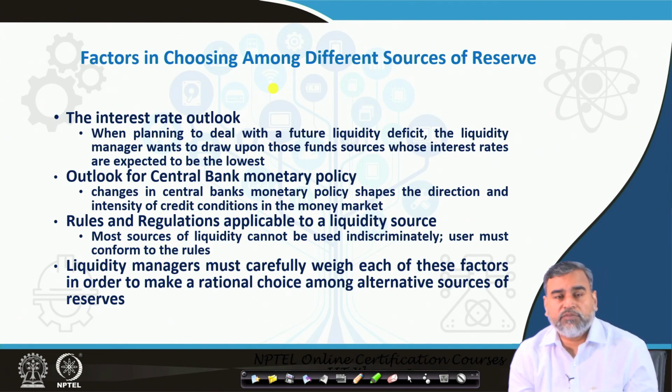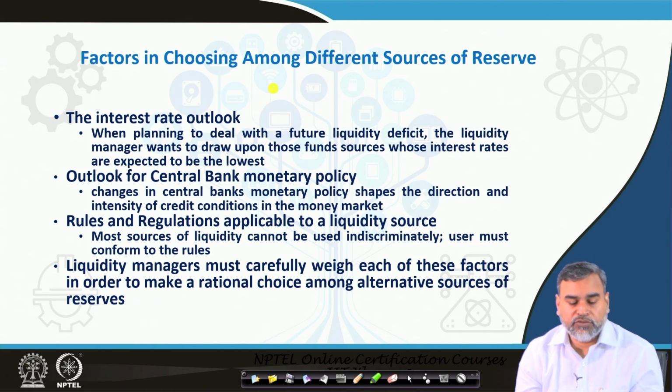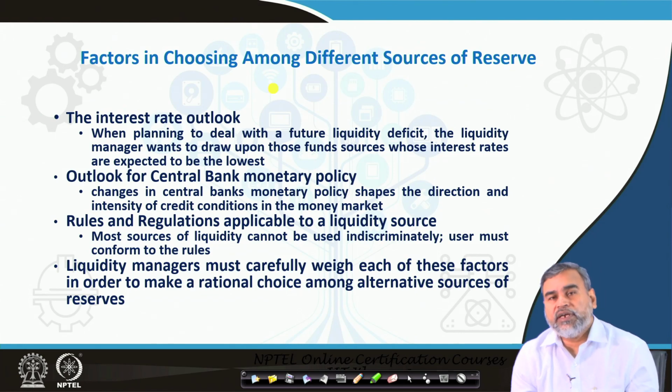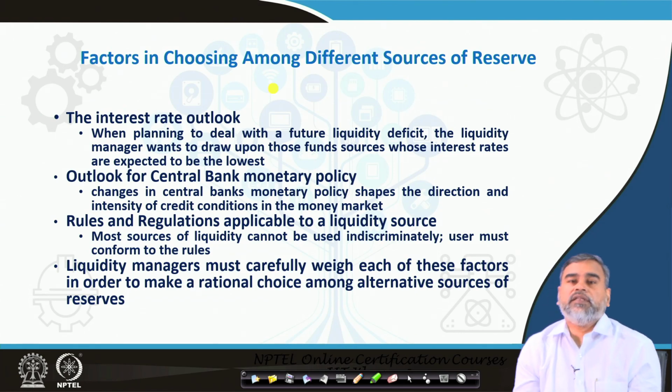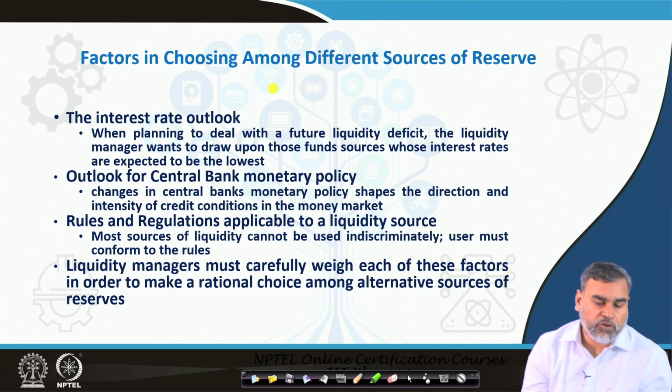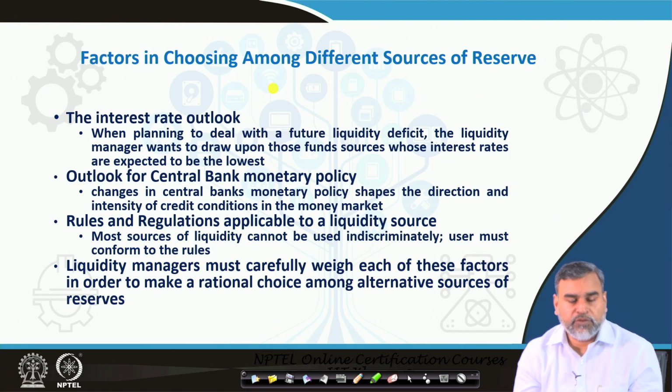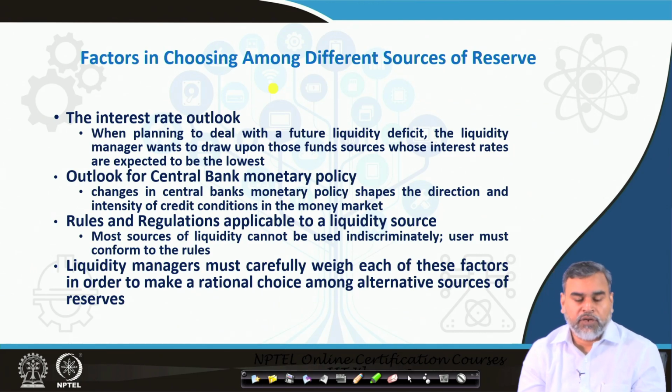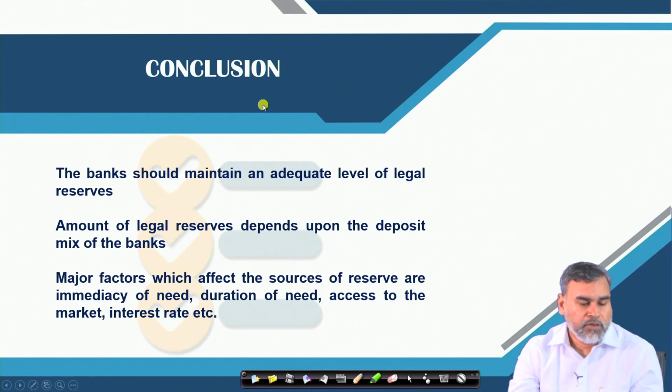So, liquidity managers must carefully assign weights to these factors to make a rational choice among the different alternatives existing in the system. A thorough cost benefit analysis and different approaches should be used to find out the actual weights, so that rational choices can be made among the different alternative sources available in the system.